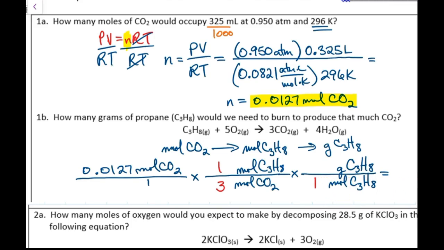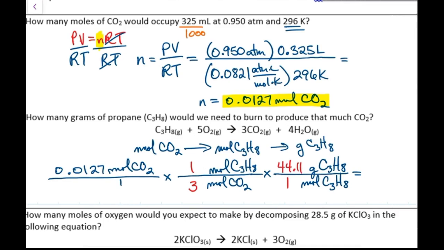And then if I go to the periodic table and I add up 3 carbons and 8 hydrogens, I should come up with about 44.11. Okay? And if I plug that into the calculator, I'm just going to do that with you, 0.0127 times 44.11 over 3.